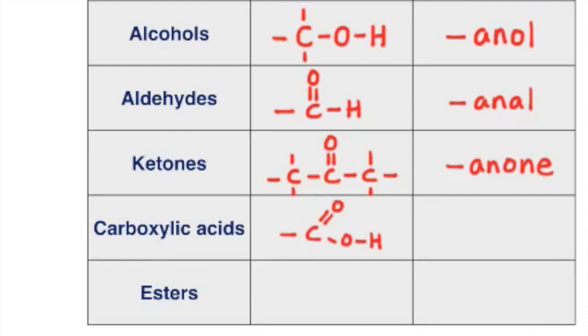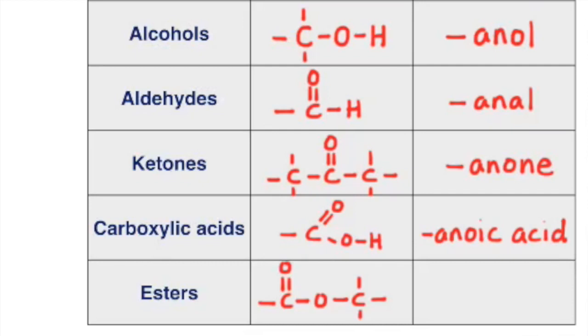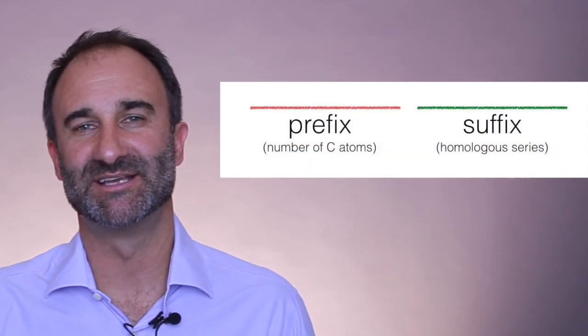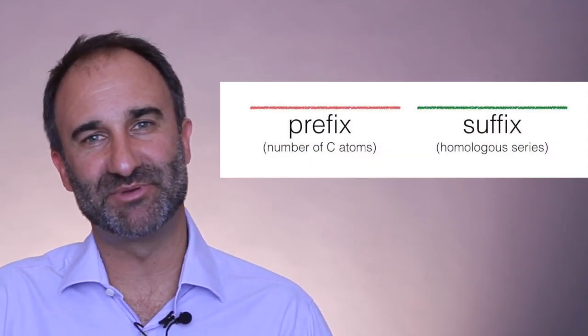Carboxylic acids have got the C double bond O and the OH at the end of a chain, and their suffix is -anoic acid. And esters have got a carbonyl group and another oxygen bonded in a chain of carbons, and their suffix is -anoate.